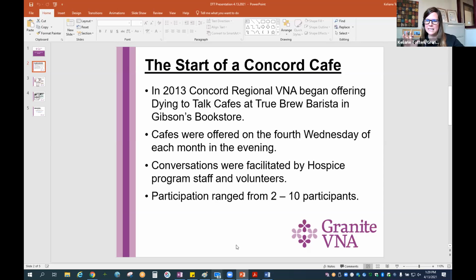The lights had dimmed, and that made it a bit more challenging to really communicate with one another. From there, we moved to the more typical coffee shop type location and had some specific tables that we would reserve. And we would also serve cake and coffee and tea for our cafes as well.